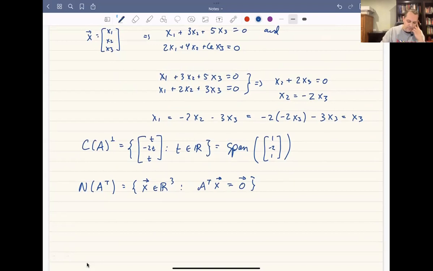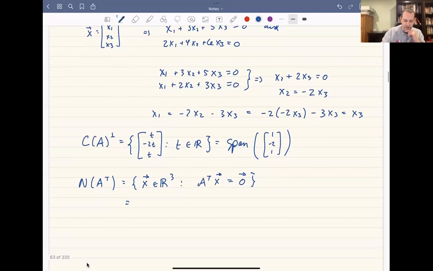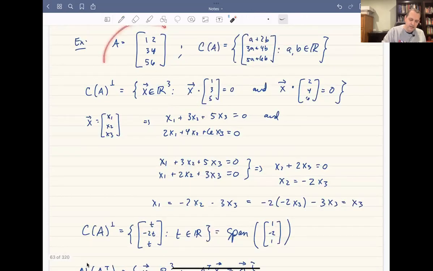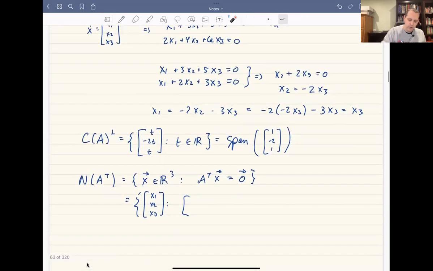So let's think about what this means. If I have a vector X in R3, I can think of it as x1, x2, x3. This is going to be all of the vectors x1, x2, x3 such that A transpose, which in our case is going to be, let's take the matrix A and take the transpose. So the top row will be 1, 3, 5. The bottom row will be 2, 4, 6.